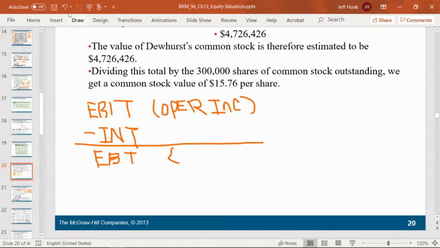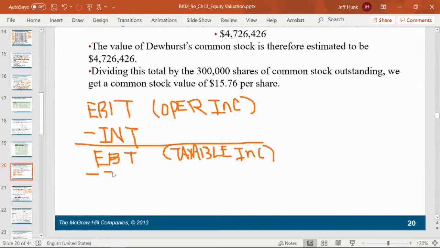Another name for this is taxable income. Taxable income.